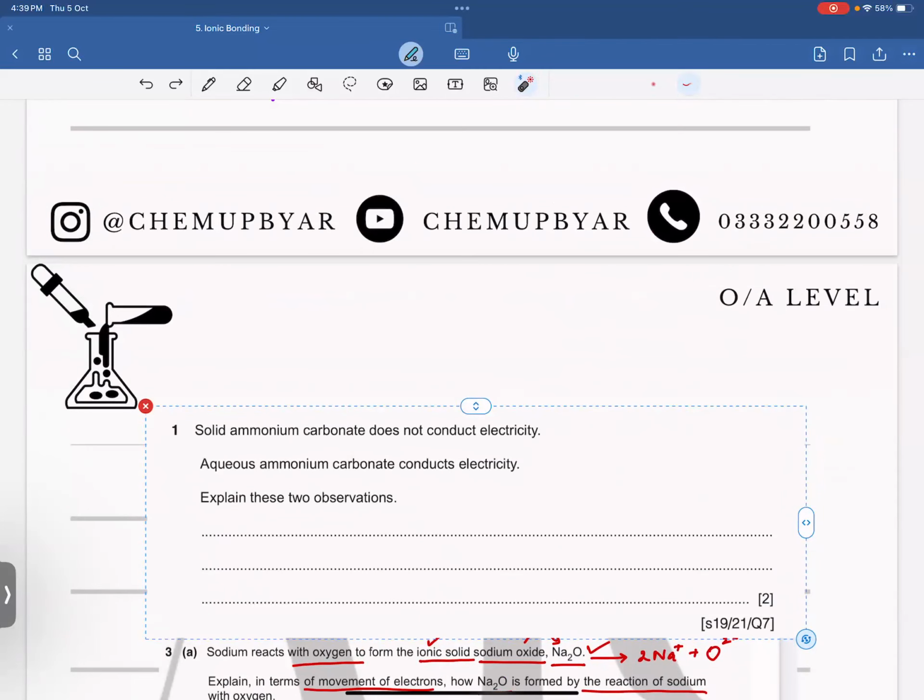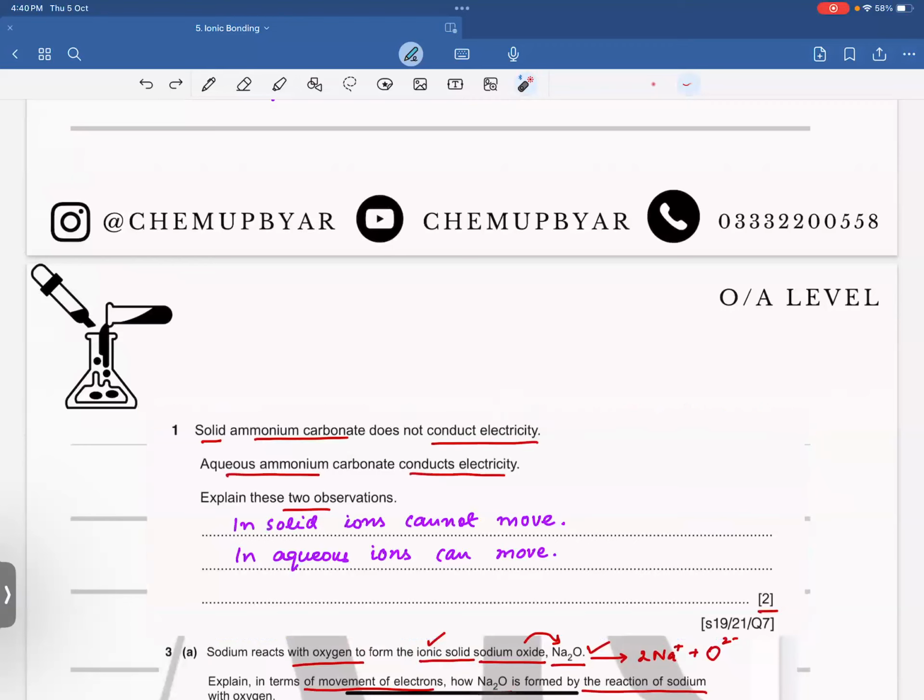So now you can see how the questions are asked in the exam. They told you that solid ammonium carbonate does not conduct electricity and aqueous ammonium carbonate conducts electricity. Explain. These are two observations. So if it is not conducting in solid but conducting in aqueous, it means it is an ionic compound, and here the electricity is conducted due to the movement of ions. So we will write the answer in this way: in solid, ions cannot move.